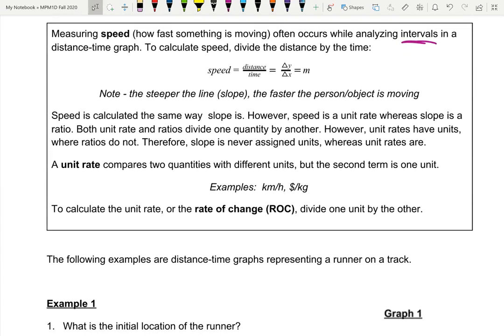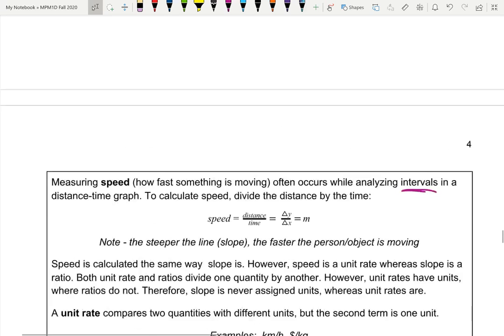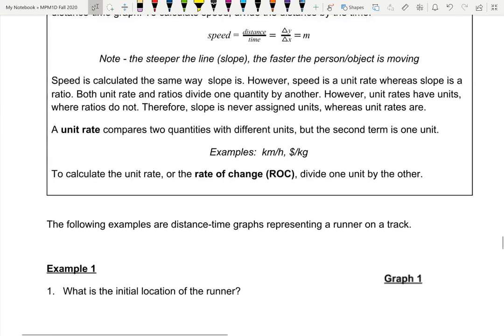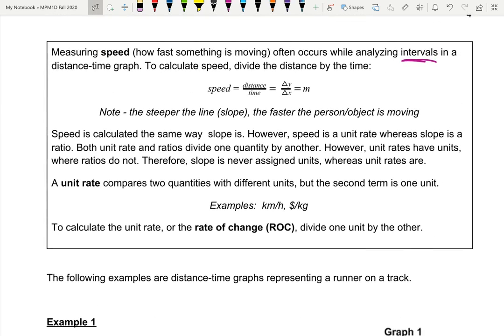Okay, so speed and slope are calculated the same way. However, we've learned from back in the beginning of this course that slope doesn't ever have any units, but speed does. So speed here would be in hours and kilometers per hour.